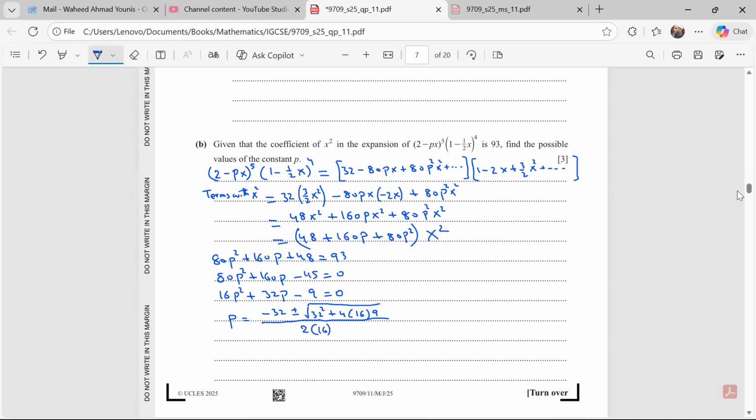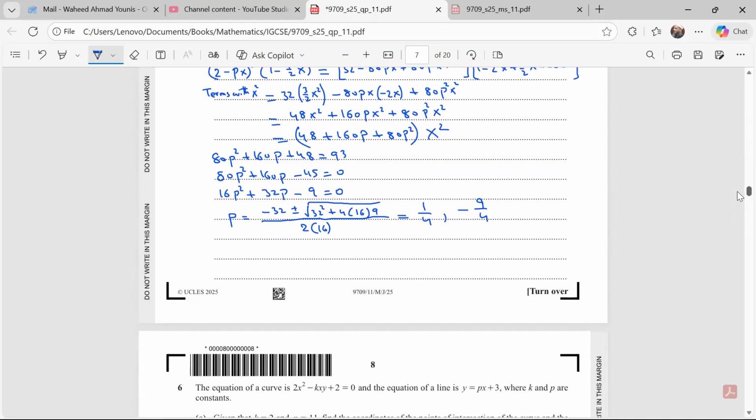And this simplifies into 1 by 4 and minus 9 by 4. So if p has either of these two values, then the coefficient of x square will come out to be 93.